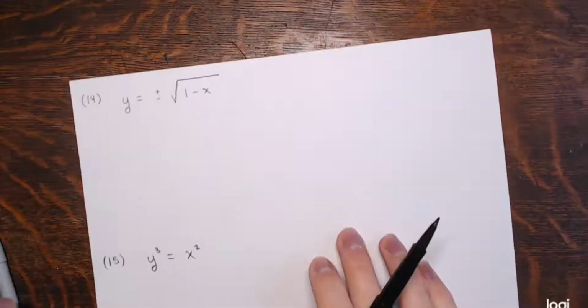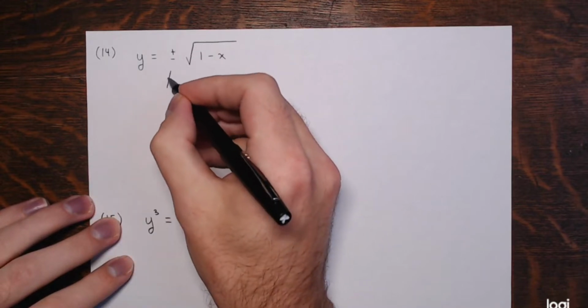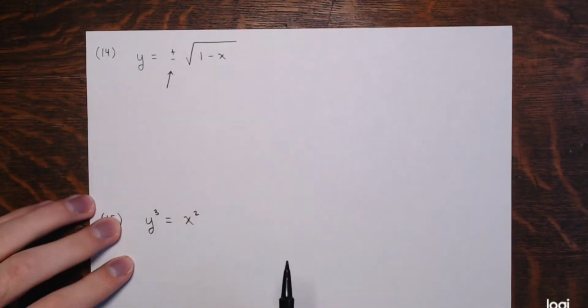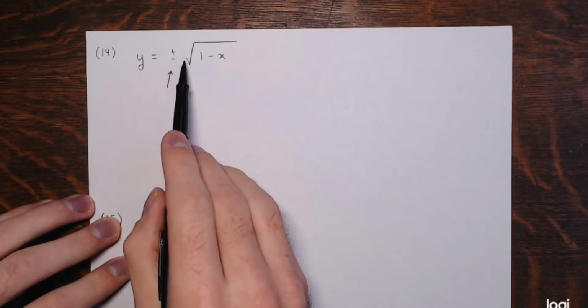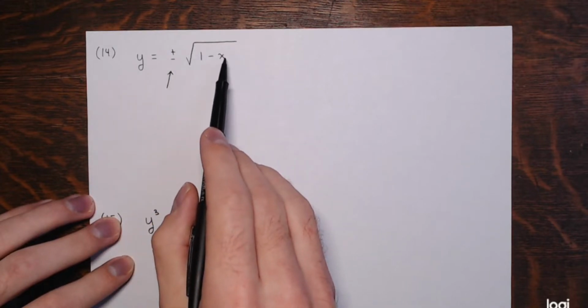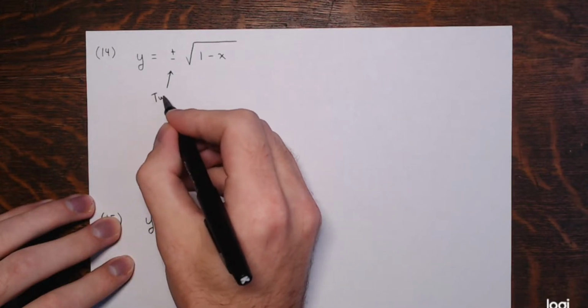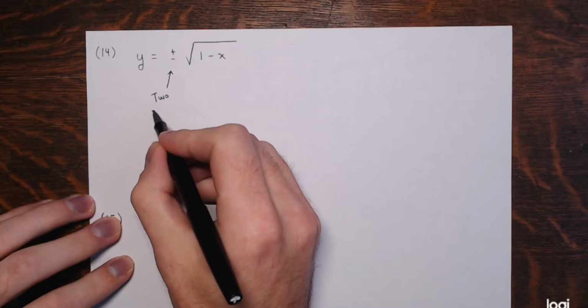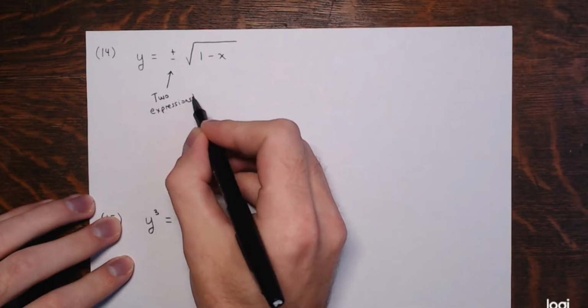Next one. Look at this. Now you remember what this means. We have y equals plus or minus the square root of 1 minus x. This is two expressions written as one expression. A lot of times, to save writing, people put plus or minus.